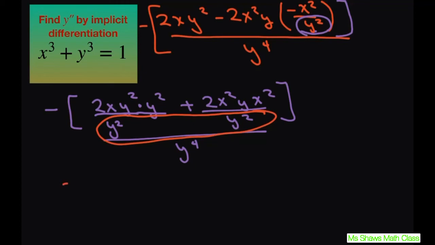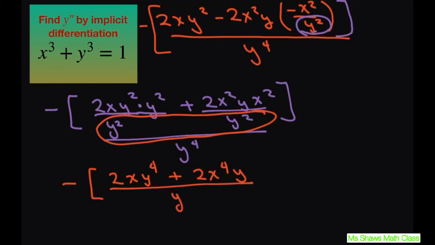So I'm going to have negative. We have 2xy to the fourth plus 2x to the fourth y. And this is going to be y to the sixth now. I just multiplied those two. Remember, this goes under each piece.